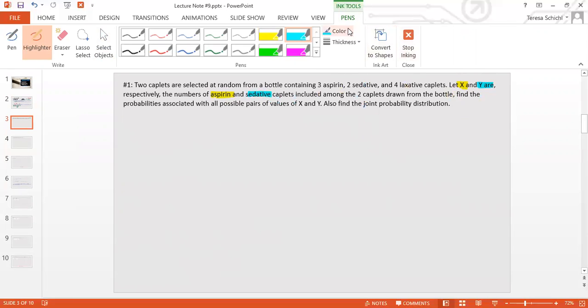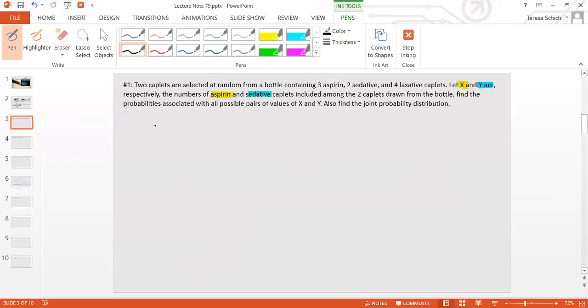Now let's find the joint probability distribution.